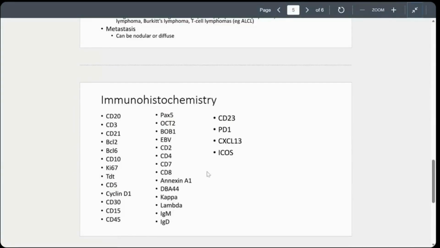This is a large immunohistochemical panel, and probably too large for many of the territories that you work in. But to go through it, it's important to have obviously at least one B cell and one T cell marker. Probably the best B cell marker is PAX5.